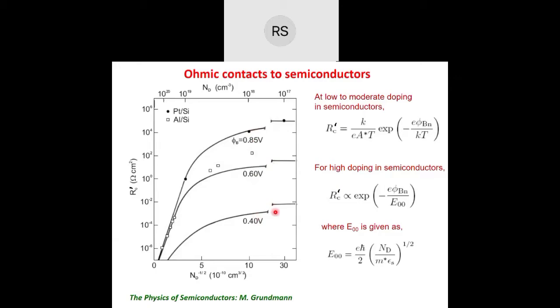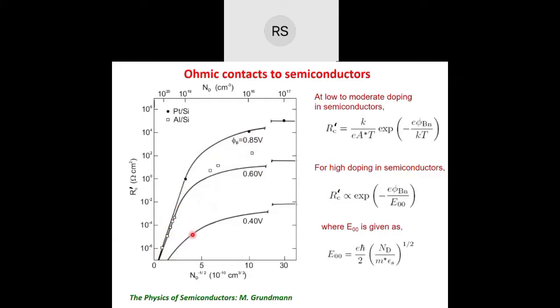So what you have to keep in mind when fabricating a metal semiconductor contact is that your barrier height should be very low. The second thing is heavy doping. If you do very heavy doping, then even if you have, let us say, 0.6, you can go down to very small values of specific contact resistance.